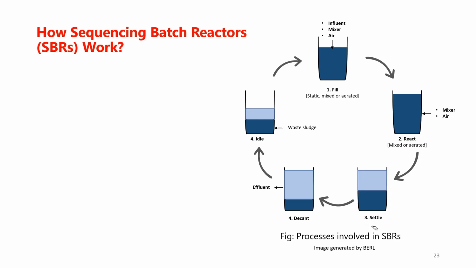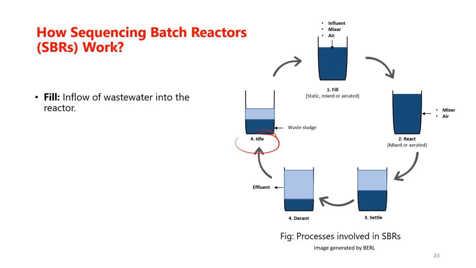And then we decant the top water and separate out the sludge, and then the waste sludge is allowed to idle, and then we may again fill up with additional influent material, and this cycle can go on.